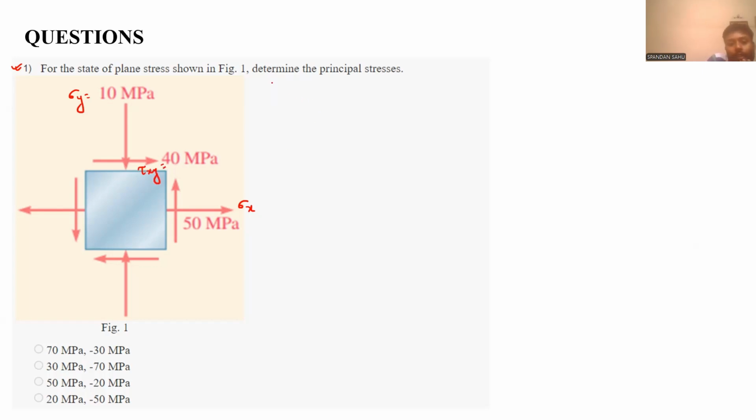So let us write here what is given. Sigma x is 50 MPa and it is tensile. Sigma y is 10 MPa, which is compressive, so minus 10 MPa, minus represents compressive stress, and tau xy equal to 40 MPa.